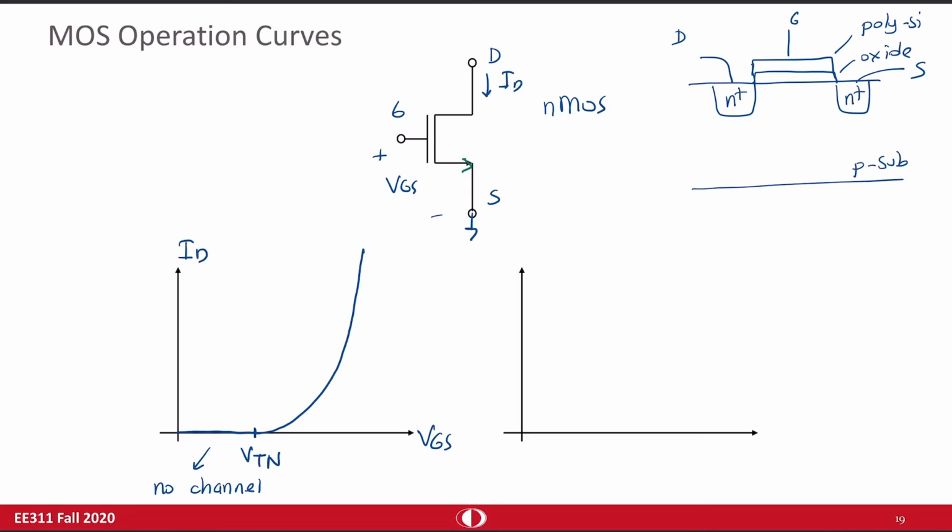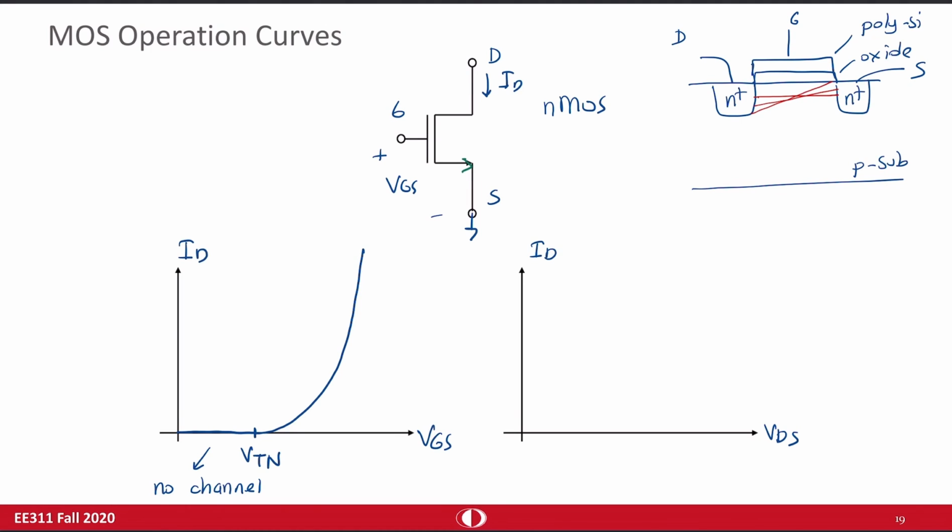Another important operation curve is ID versus VDS. Of course, in the previous drawing we assumed that no drain voltage is applied, but as you start increasing the drain potential, the formed channel will start getting tapered like this.